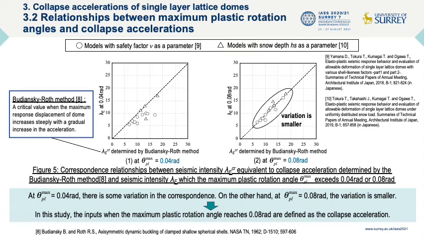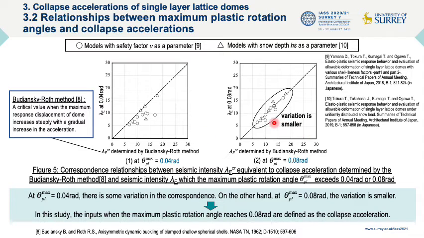Figure shows correspondence relationships between the seismic intensity equivalent to the collapse acceleration determined by the Bryansky loss method and the seismic intensity lambda E when the maximum plastic rotation angle exceeds 0.04 radian or 0.08 radian in the previous studies. At 0.04 radian, there is some variation in the correspondence.